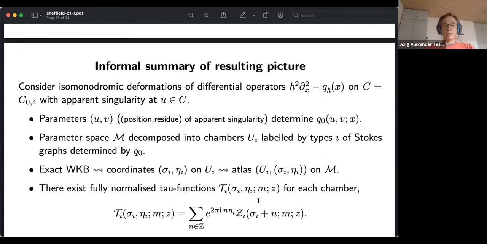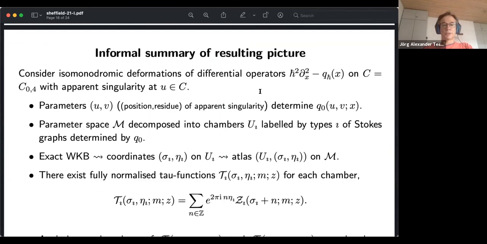Okay. Here is an informal summary now of basically all that has happened up to now, and the resulting picture, or the most important elements of the resulting picture, which is supposed to round off this part, serve as a reminder, and prepare a little bit for some of the next things I want to discuss.